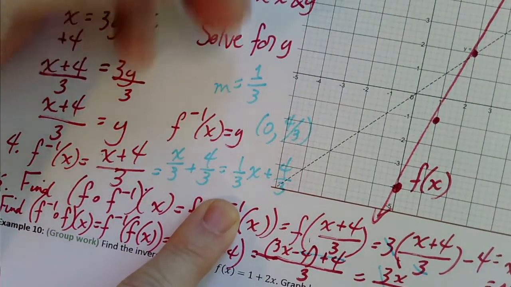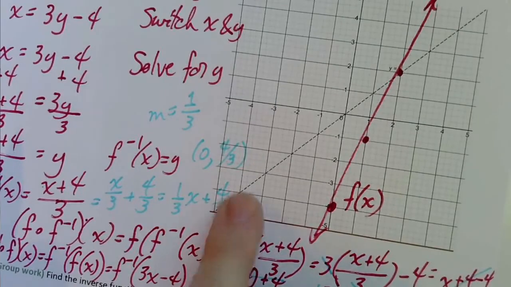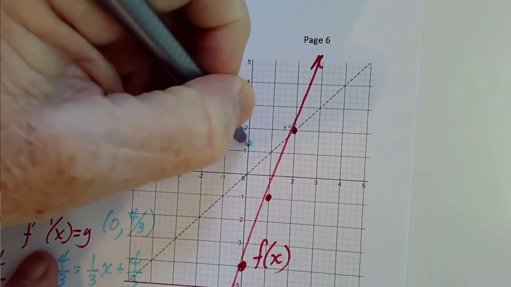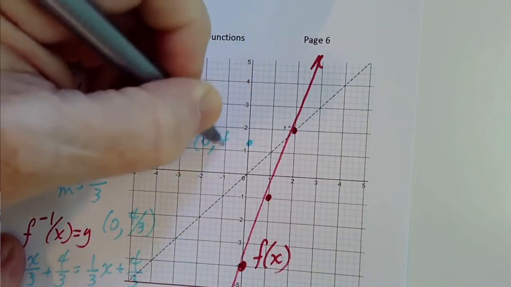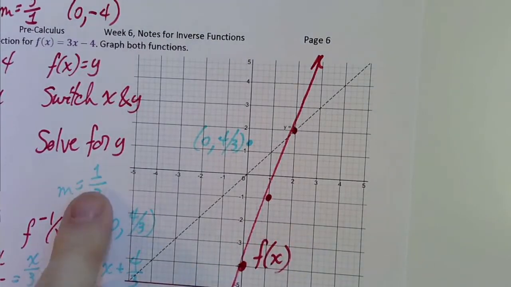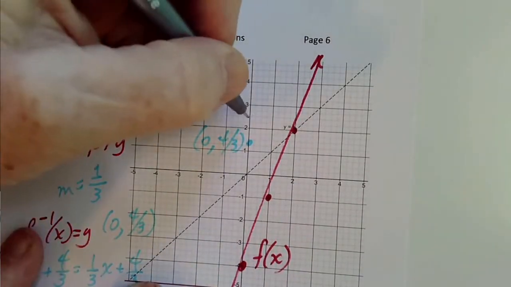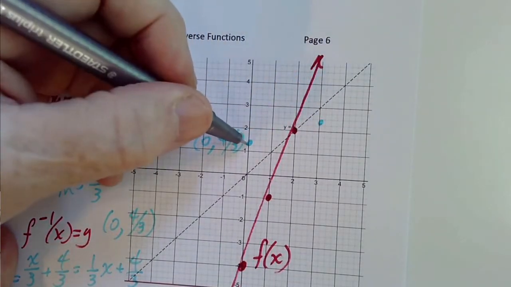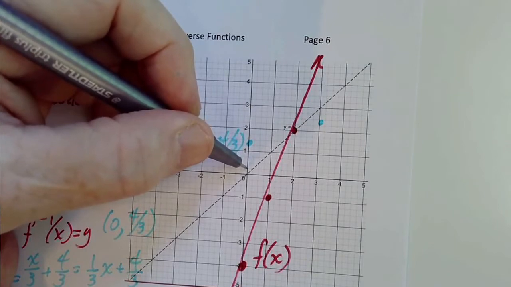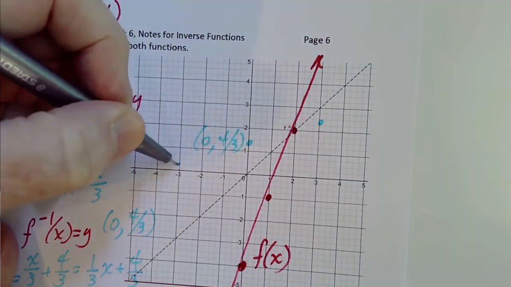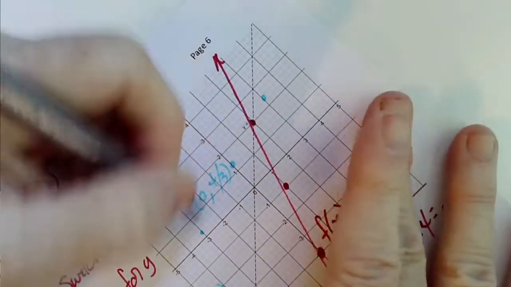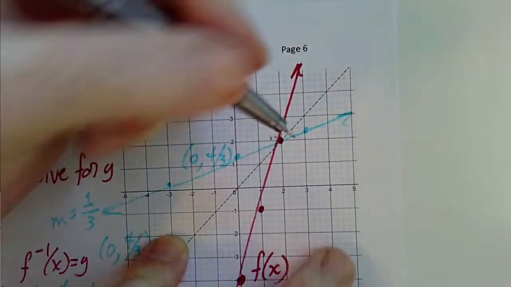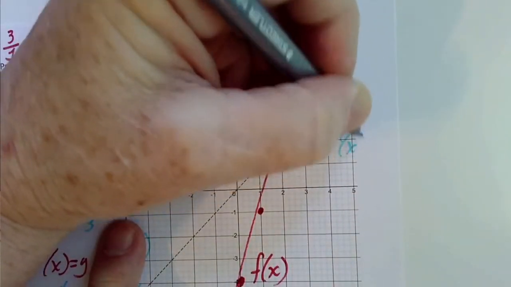Up 1 to the right 3. So let's start at the point 0, 4/3, and go up 1 and to the right 3. And I'm going to do it one more time. So I'm going to go down 1 and to the left 3, just to get a little bit of a better line. This is the graph of f inverse of x.